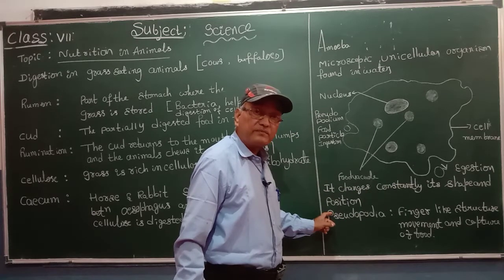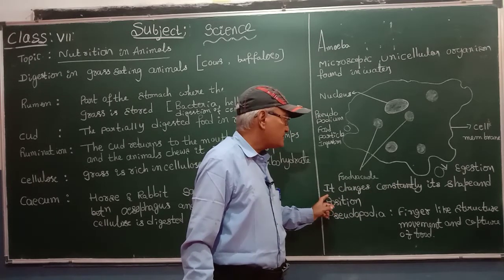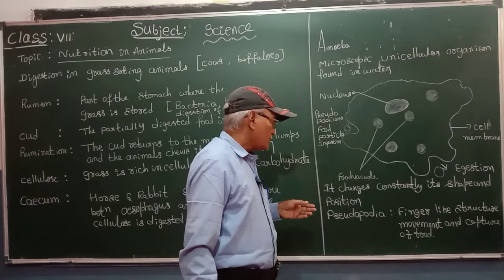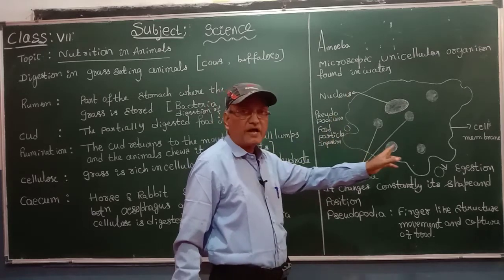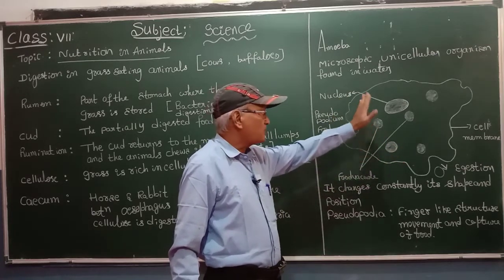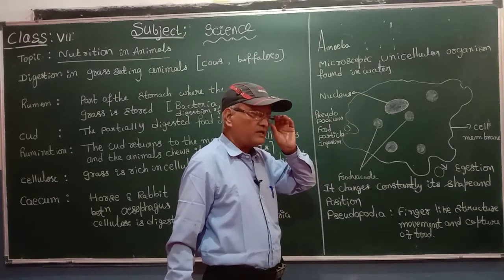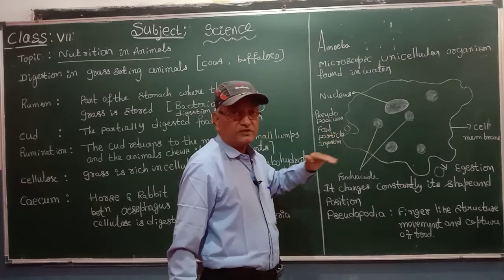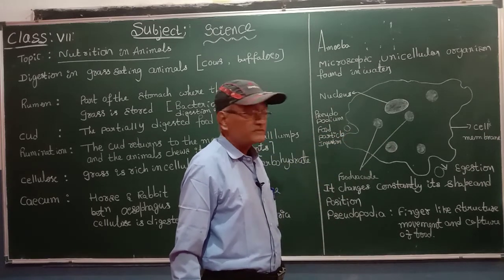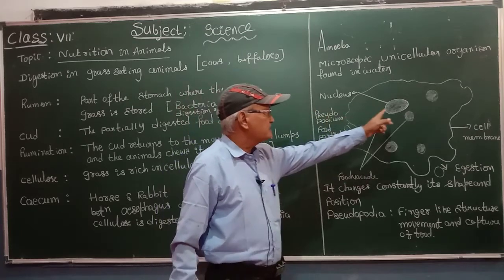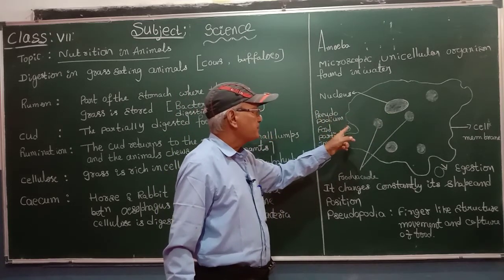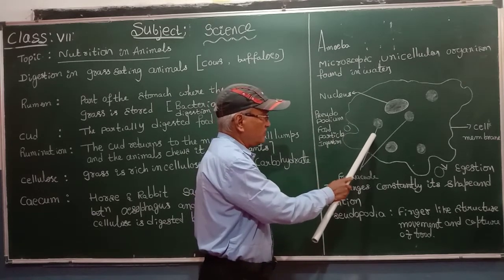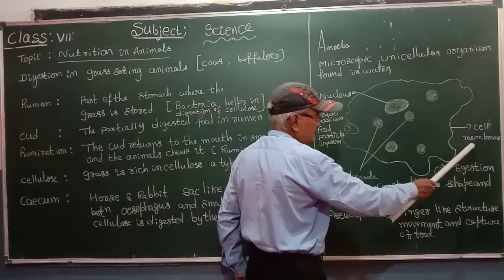What I have drawn on this board diagram is not correct, the shape is not like this always, it will change and it will change the position. Now what I am saying: nucleus in this part, then pseudopodium, then food particle which are entering, then food vacuole, then cell membrane, then ejection.